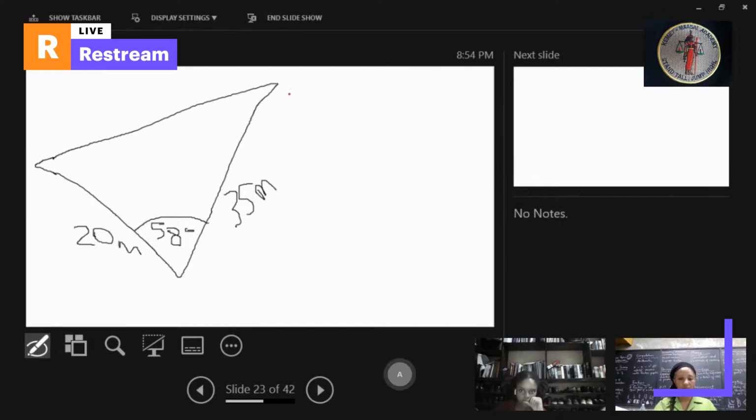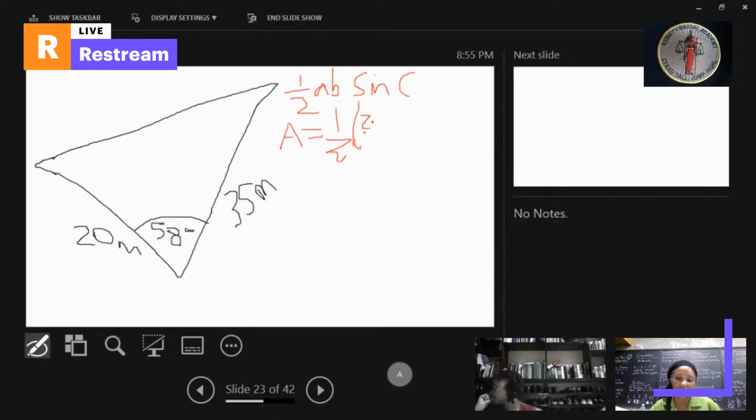The area would be half AB sine C, half times 20 times 35 times sine 58.